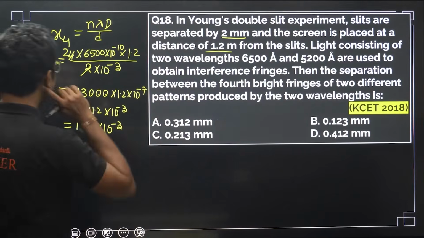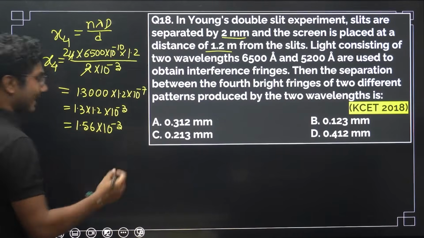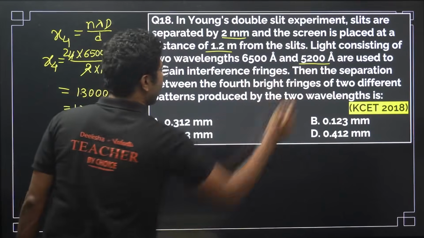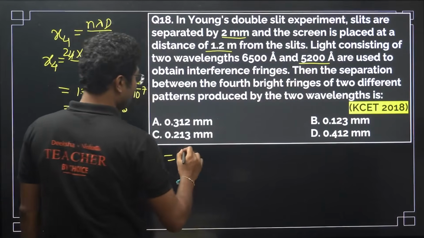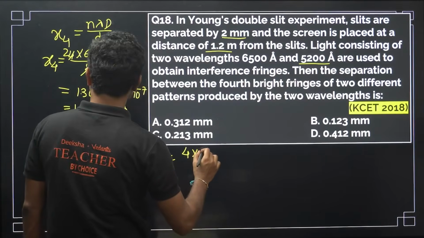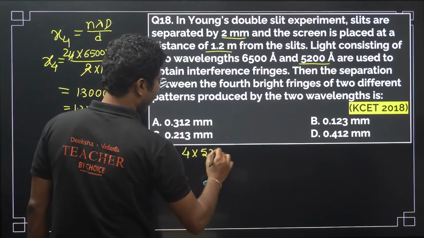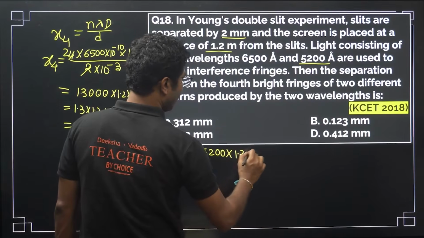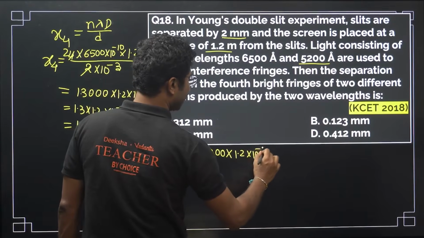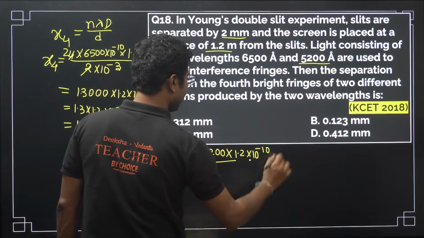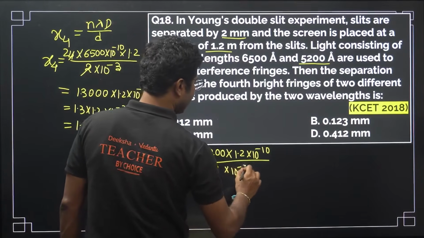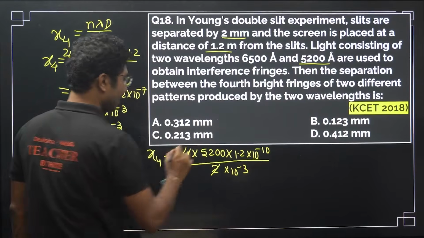Let us continue with the x4 for the second light, that is 5200 angstrom. So x4 will be again 4 into 5200 into 1.2 into 10 to the power of minus 10 divided by 2 into 10 to the power of minus 3. So 2 again cancels. Now what you get?